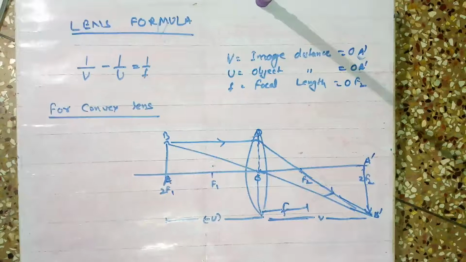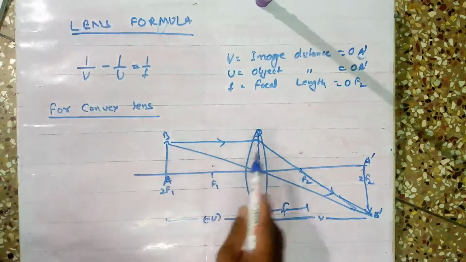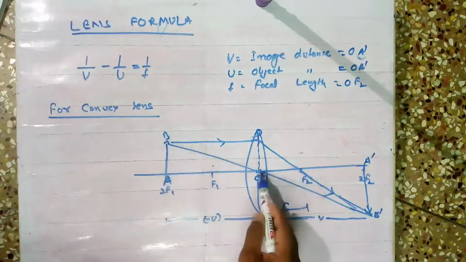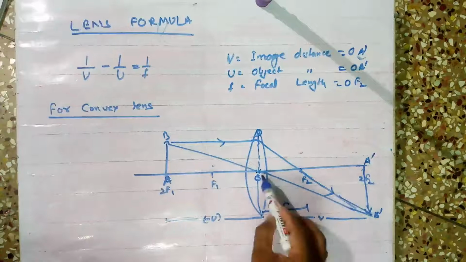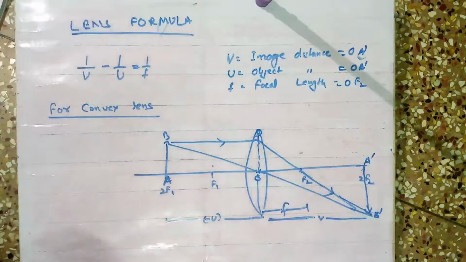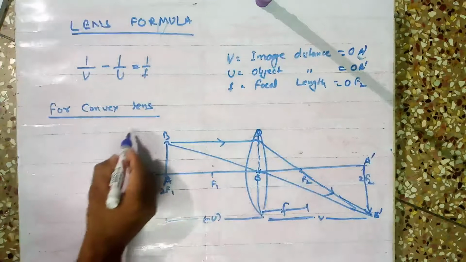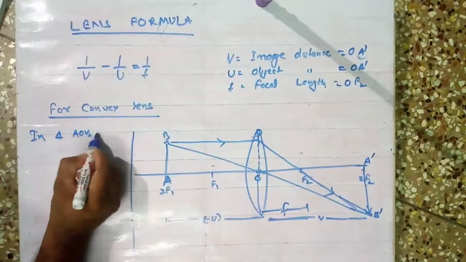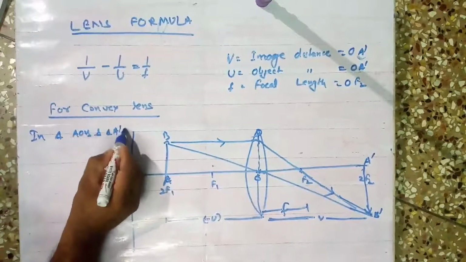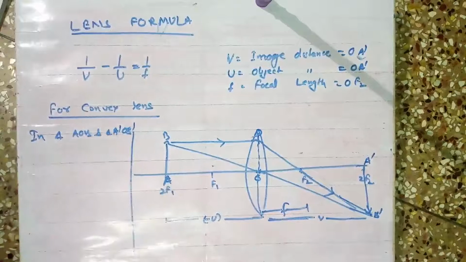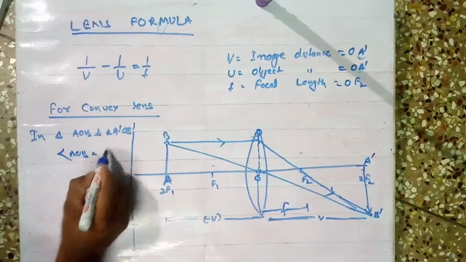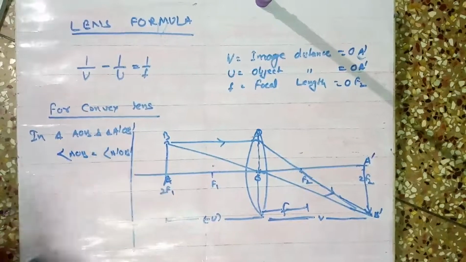Now take two triangles, that is AOB and A prime O B prime. So in triangle AOB and triangle A prime O B prime, angle AOB is equal to angle A prime O B prime, equal because they are vertical opposite angles.